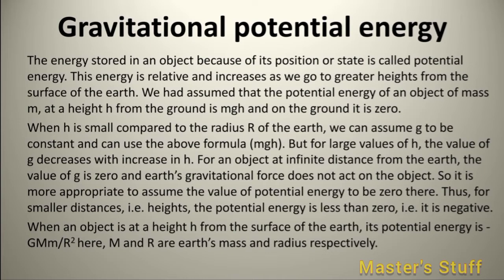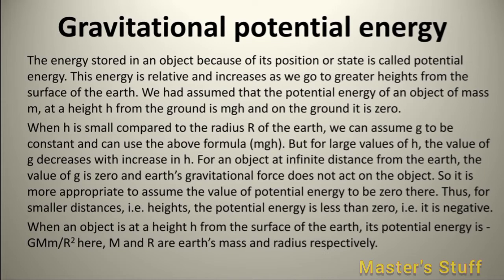Thus, for smaller distances, that is smaller heights, the potential energy is less than 0, that is it is negative. When an object is at height h from the surface of the earth, its potential energy is minus capital G into capital M into small m upon r².